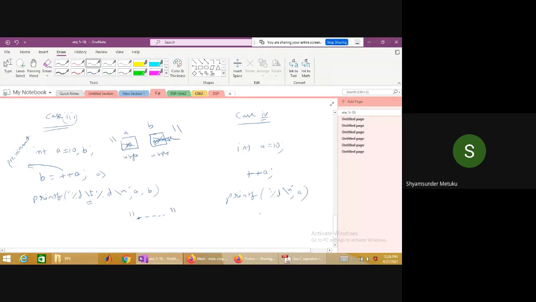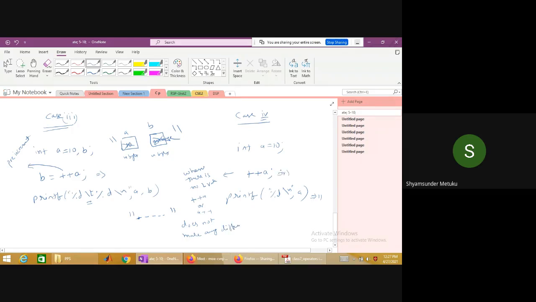What is the value? 11, correct? When you don't write a left-hand side variable, when there is no L-value, whether you write ++a or a++ does not make any difference. Is it clear?